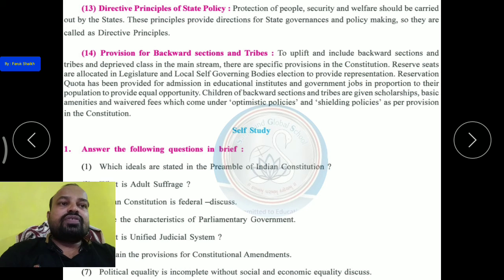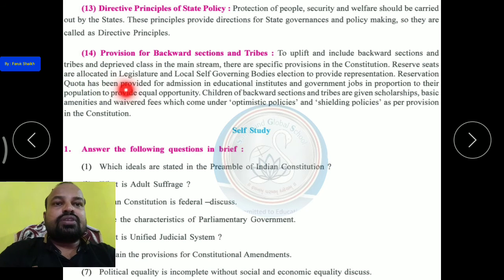So reservation seats are given for the tribes and the deprived classes, to make them part of the mainstream, यानी कि वो भी जो लोगों का मेन स्ट्रीम है. How the people are living a standard life, they also can live a standard life. That is why some seats are reserved in the legislature and in the local self-governing bodies in the election.